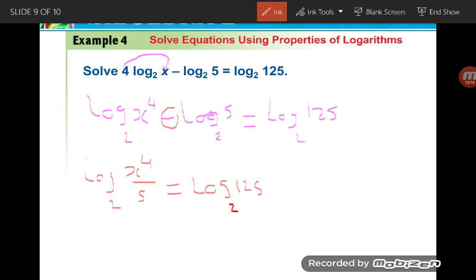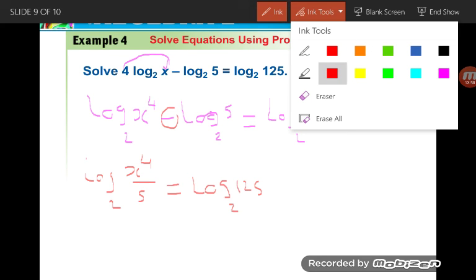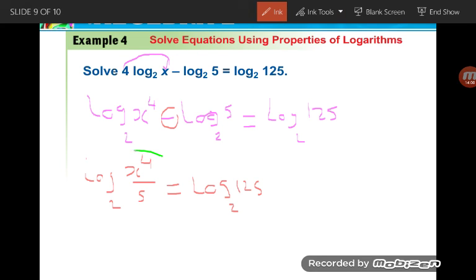Since we have the same base, which is 2, now we can say that x power 4 over 5 is equal to 125.